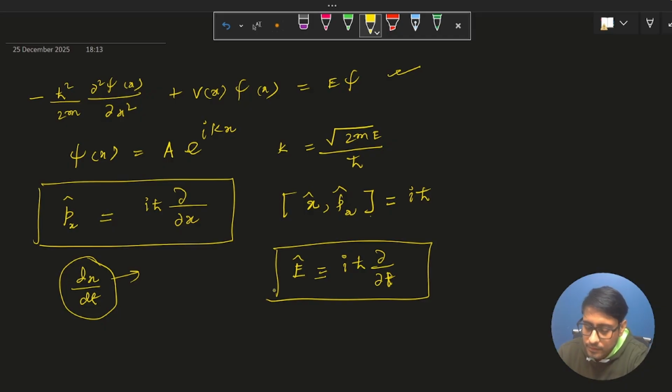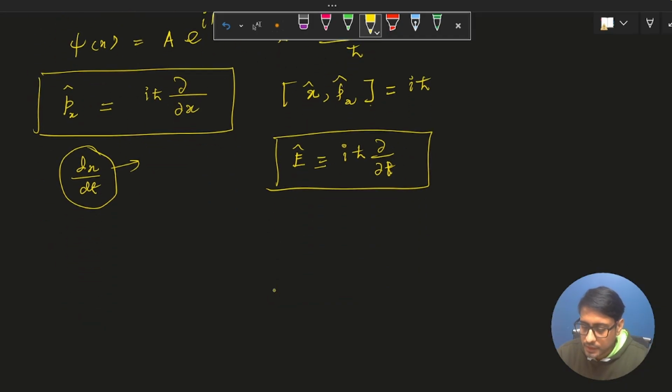Now let's move ahead. We can also show that the commutation bracket of E and t is equal to i h bar.